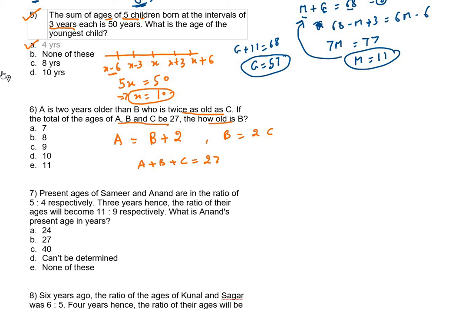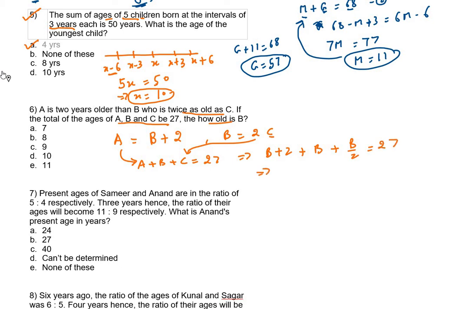It's a simple problem. Let's put A from here, and from here we can put the value of C over here. So we will get B plus 2 plus B plus, in place of C, B by 2, equal to 27.